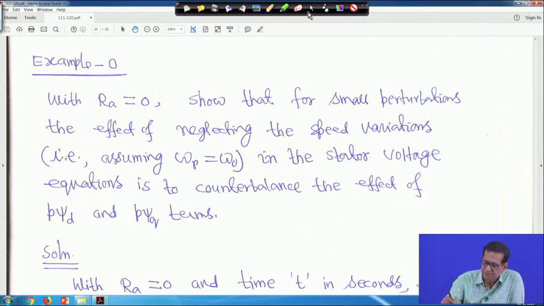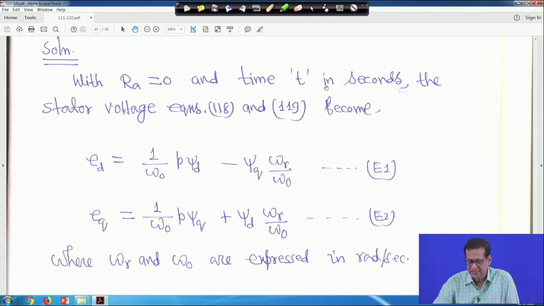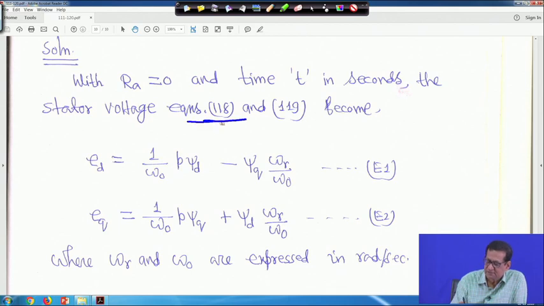In this case, with Ra equal to 0 and time t in seconds, the stator voltage equations 118 and 119 become Ed equal to 1 upon omega 0 P psi d minus psi q omega r by omega 0. This is equation E1, from equation 118.